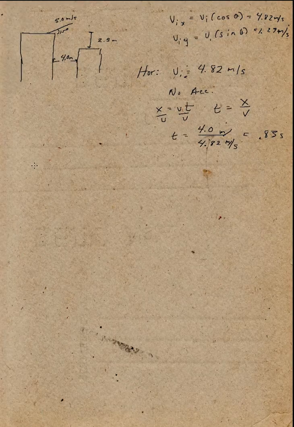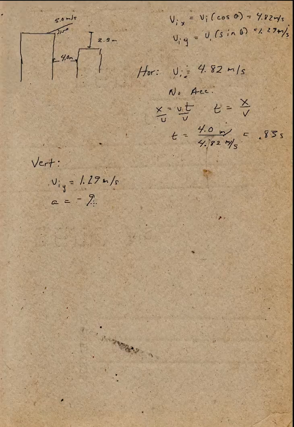But while he's moving across that way, he's also being pulled by acceleration due to gravity in a downward direction. So let's take a look now at the vertical component of his motion. We know that his initial velocity in the y direction is 1.29 meters per second. We also know that the acceleration due to gravity is negative 9.81 meters per second squared.